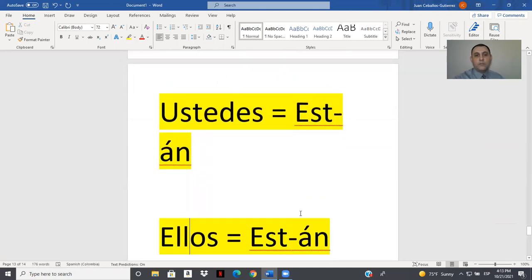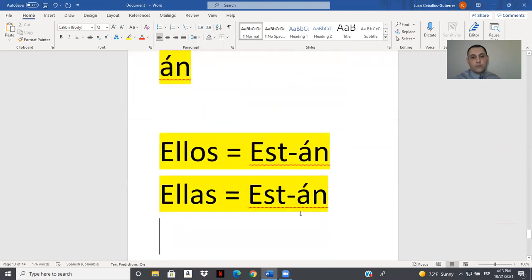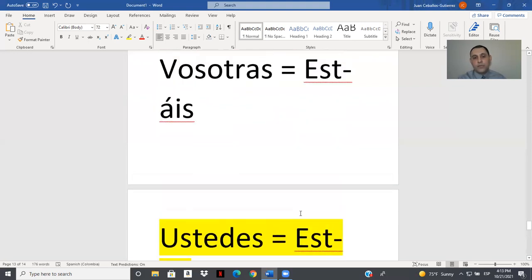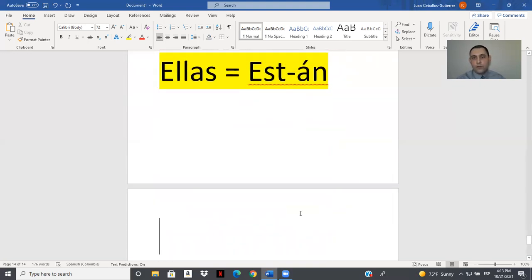So as you can see, second person plural, third person plural masculine, and third person plural feminine all have the same conjugation. So be careful with this when you create a sentence. For now, while you get more practice, do not omit the subject of the sentence when you are writing sentences or creating sentences in Spanish, because you can get confused or other people can get confused.